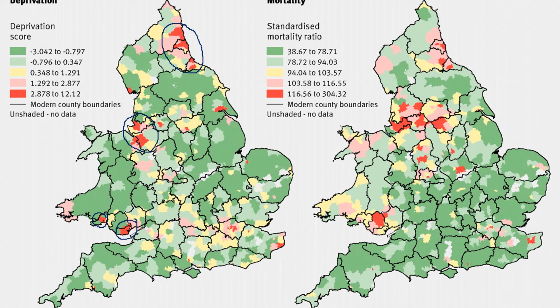Then when we contrast that with this graph here on the right hand side, which is showing you mortality, so really our life expectancy, again, we can see a direct link. So we've got a much lower life expectancy here in the northwest and in the northeast, and again in these areas in South Wales. And yes, there are one or two other areas as well, but again, they seem to be mirrored on both maps.